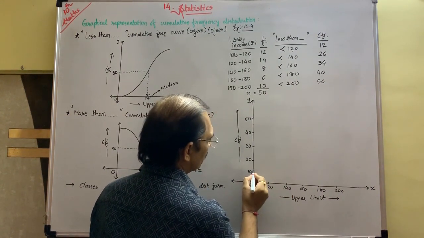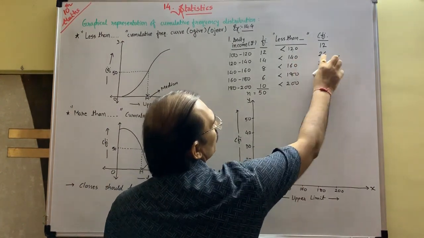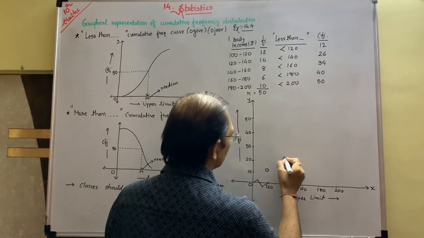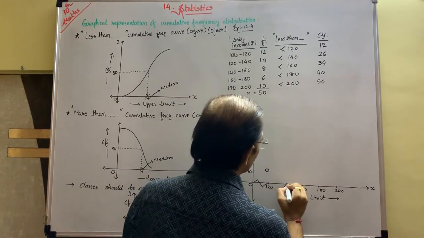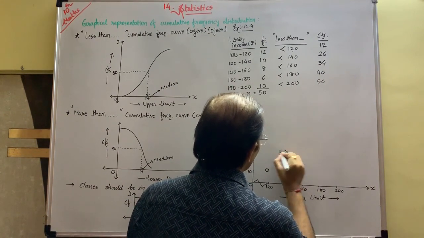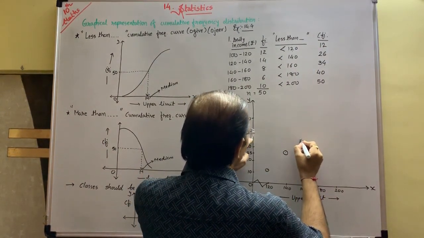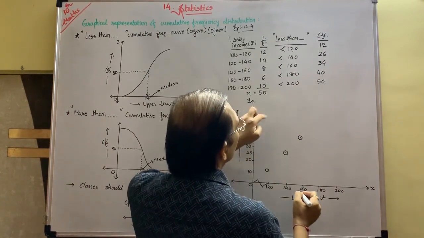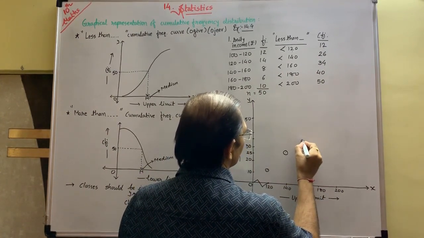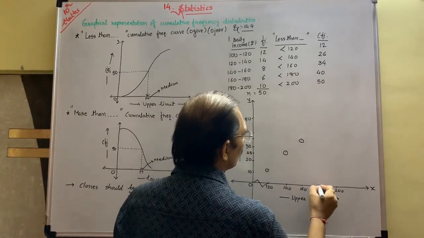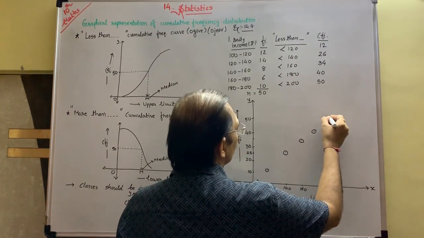Here it is 10, then 11, then 12, approximately. 140 to 26. 140 to 25 is exactly in the middle, and one more, that is 26. 160 to 34. 160, 35 is exactly in the middle, and one less, that is 34. 180 to 40, and 200 to 50.